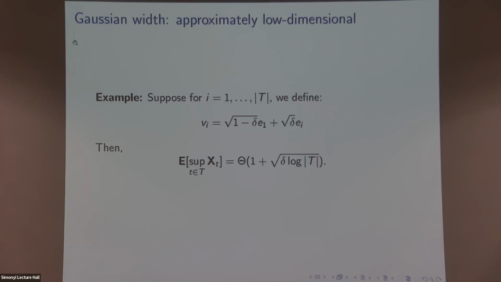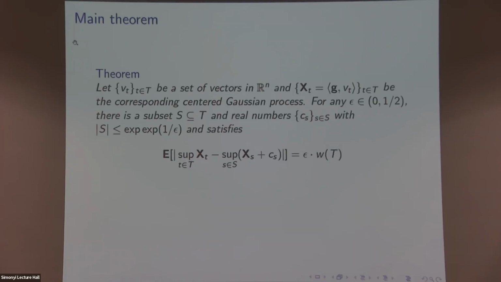And now with that, let me state our main theorem. The main theorem is that suppose you start with any set of vectors in R^n. I'm not putting a bound on their cardinality. Consider the corresponding centered Gaussian process. Choose a target error epsilon.